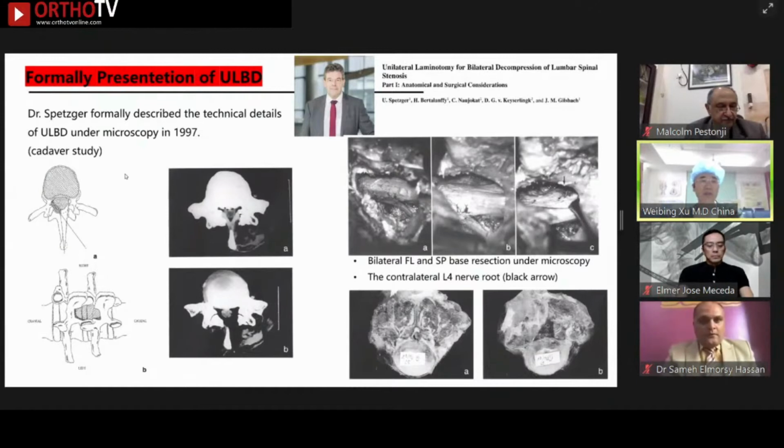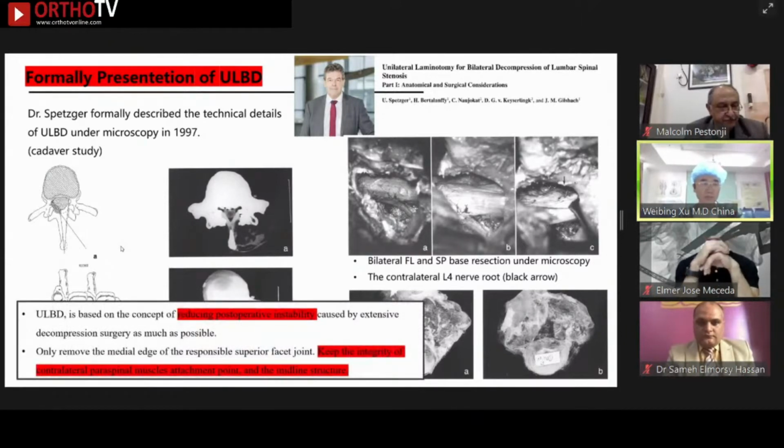He first formally presented the technical details of ULBD. From the figure, we can see the ipsilateral nerve root and the contralateral nerve root. We can see it clearly. ULBD is based on the concept of reducing post-operative instability caused by wide decompression surgery as much as possible.